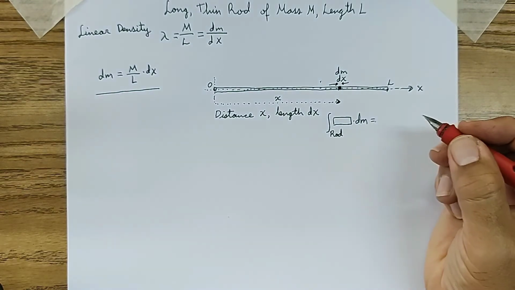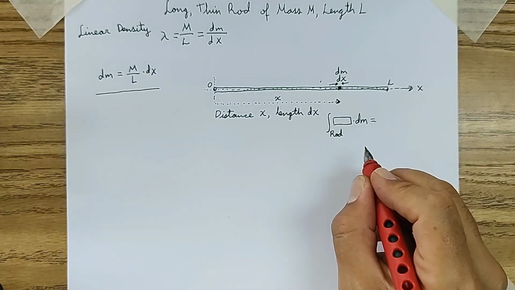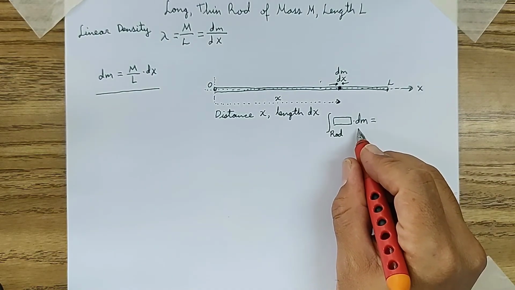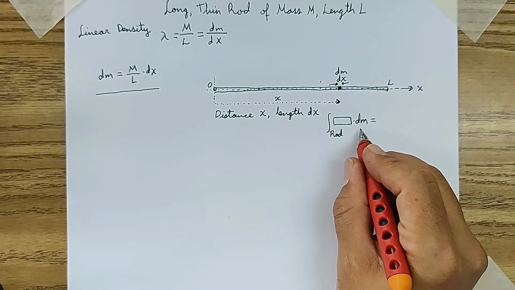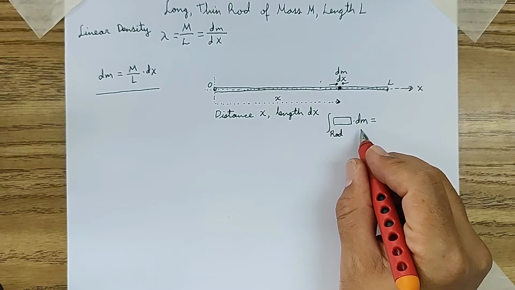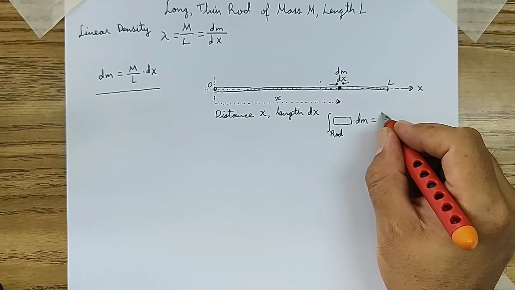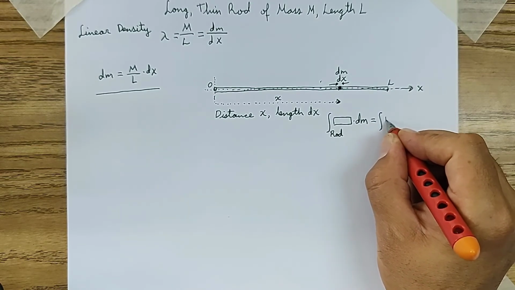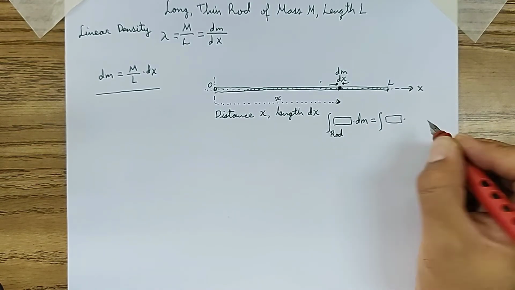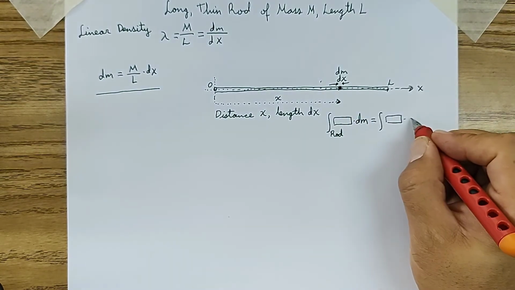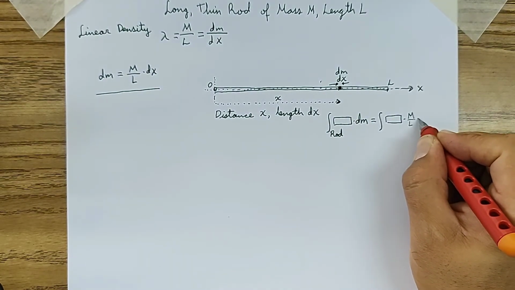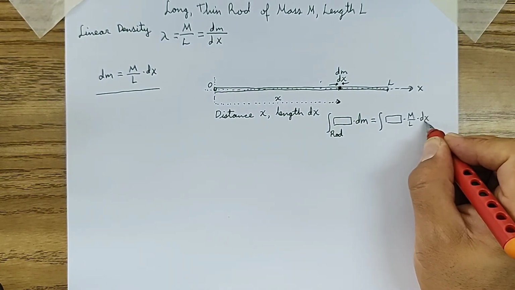The important part here is that this differential cannot be integrated. You need to switch it with a spatial dimension like x. So you can actually make this the integral of that same function times the ratio m over L times dx.